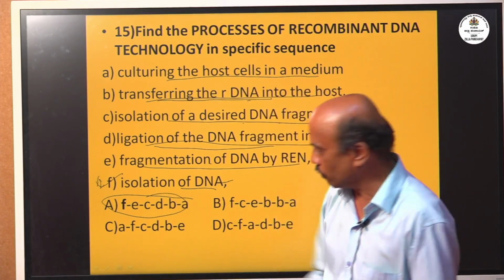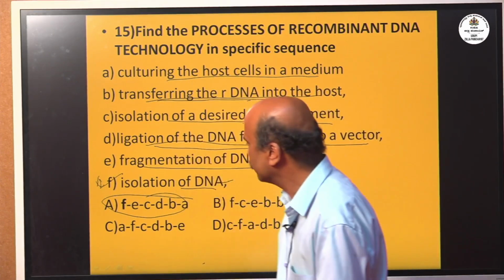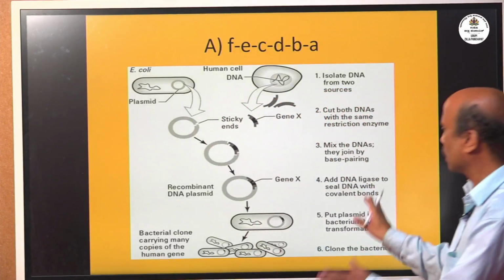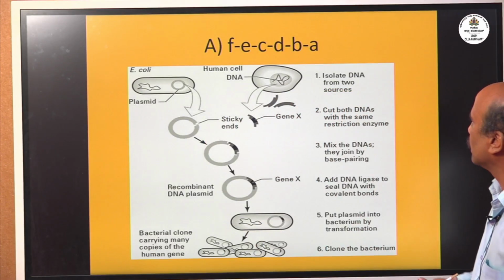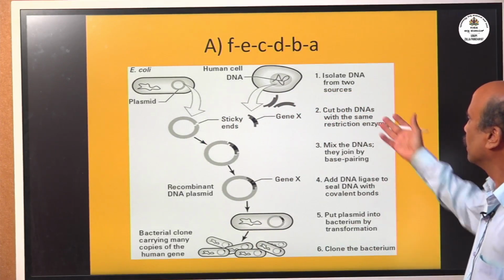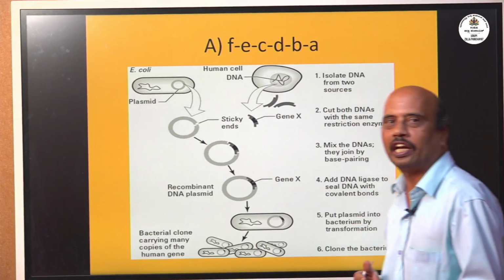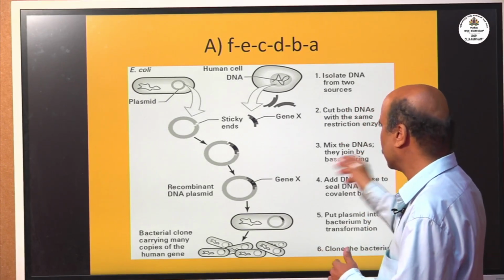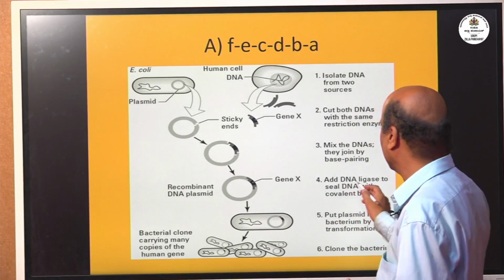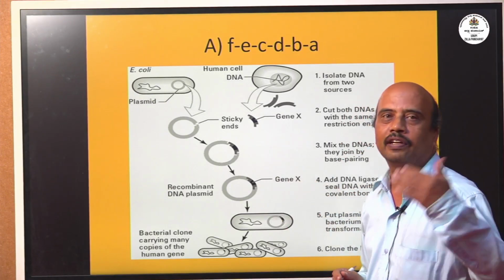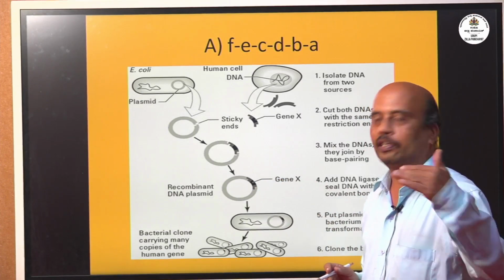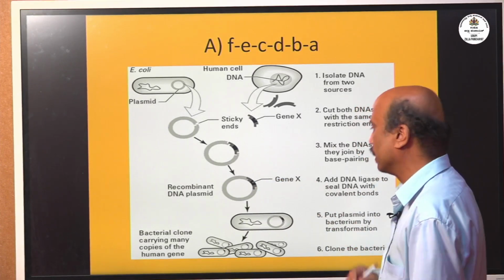So these are the sequential steps. Okay. So all these steps are mentioned here. Isolation of DNA, cutting the DNA with restriction endonuclease, mixing the rDNA, that means the joining, finally DNA ligase to seal with the cleaved vector, transformation, entry of rDNA into the host, and cloning finally.